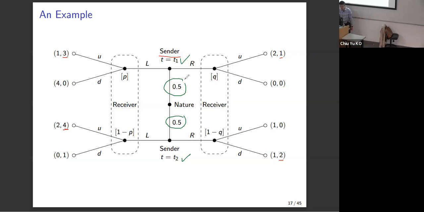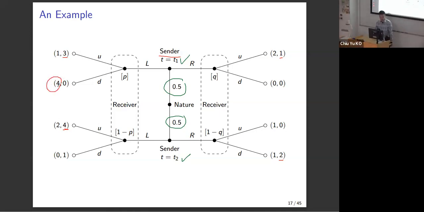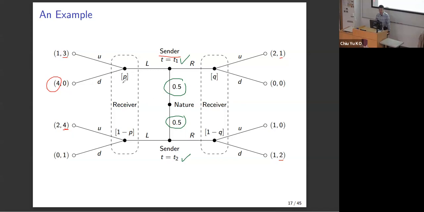because the sender is actually very happy to trick him to do the down in this case. He wants to pretend to make him believe I'm here. Then I can choose the better outcome. If I'm a sender, I want to trick him this one.